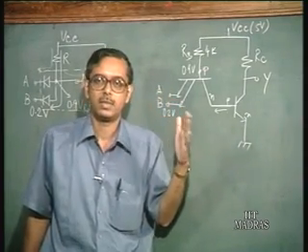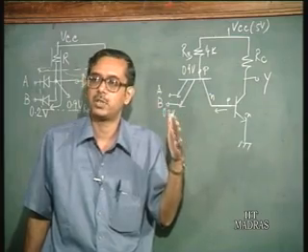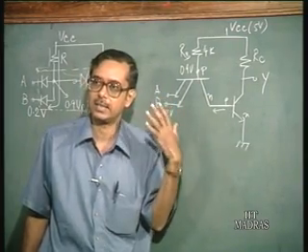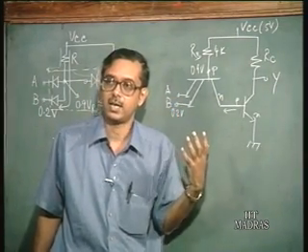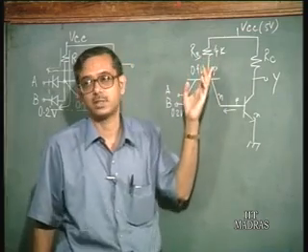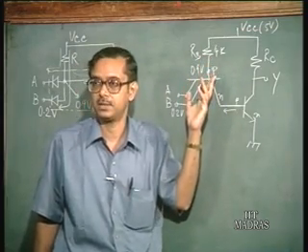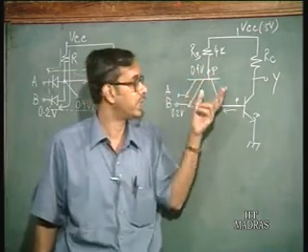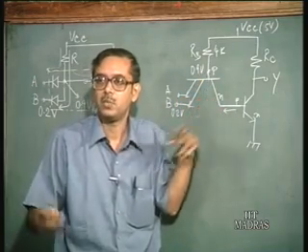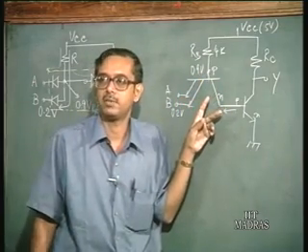If the forward voltage goes higher than that, it means a very large current is flowing, which cannot flow because of this limiting resistance. So the voltage across this PN junction, let us assume, will be around 0.7 volts or so.